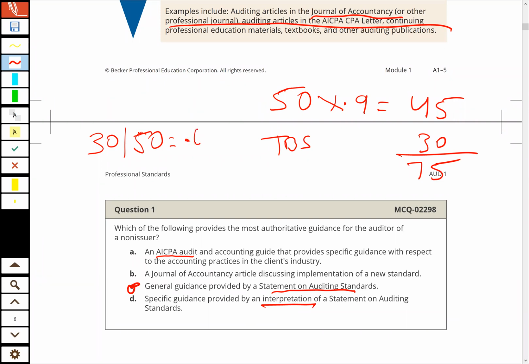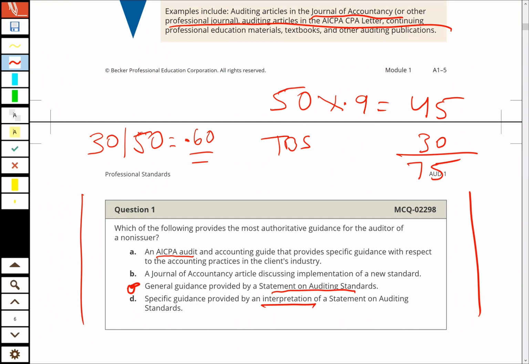That's why I'm glad I always check. That's 60%. That's D-level work that you could be doing on a task-based simulation and still pass the exam. So we've got to be very good at how we go through our multiple choice questions. If you can work those at 90%, then you're going to be in good shape to still do decent work, but you don't have to be perfect. You have a much wider margin for error on your task-based simulations, and that's good because those tend to be a little tougher than the multiple choice questions.